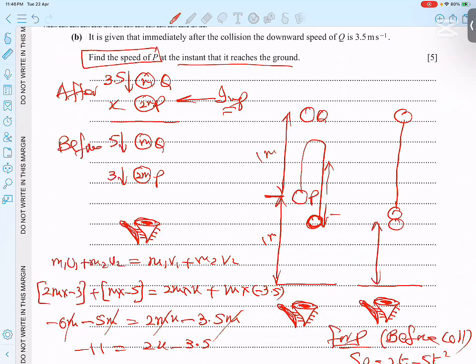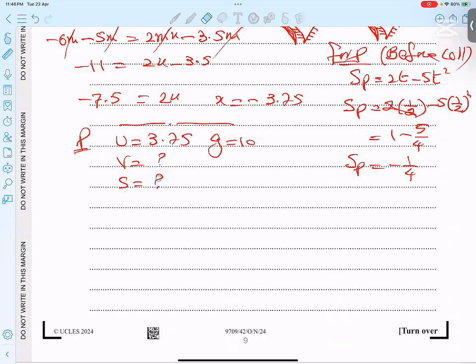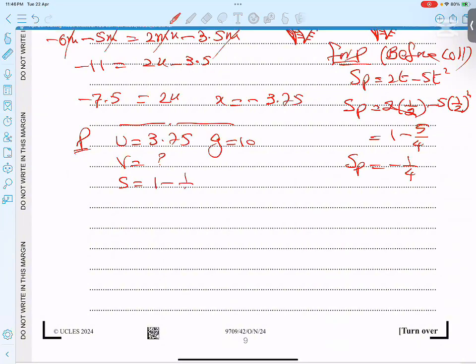Because this distance is 1/4 negative. So from 1/4 gone, this becomes 3/4. Now P will travel how much distance to fall downwards? 3/4 distance. How did I get it? 1 minus 1/4 equals 3/4.